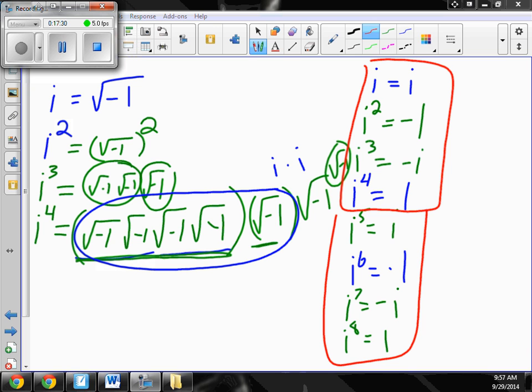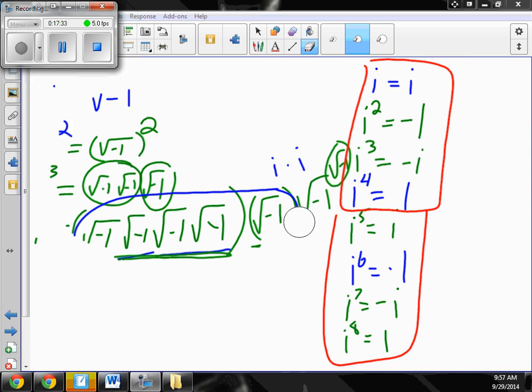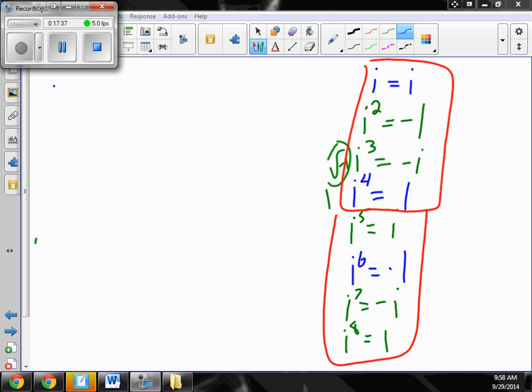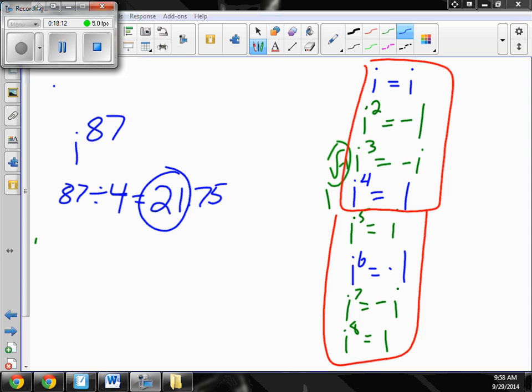Well, there's a very good chance that we'll be asked for a large power, so we can't write it out or even count it out. 1, 2, 3, 4, the rest of the time, right? So let's do 87. Divide by 4. 21.75. Okay, what does this 21 tell me?